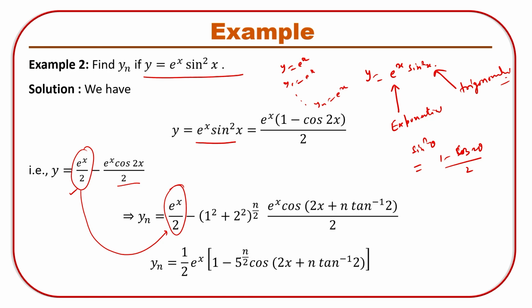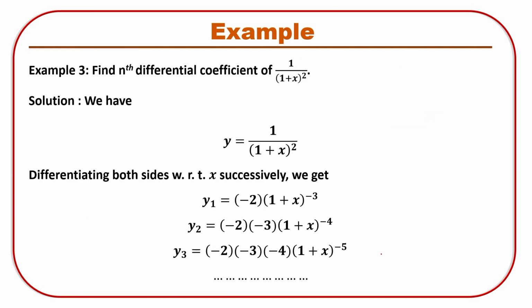Now, the second one, using the formula, e^x cos 2x/2. The e^x has the nth derivative as e^x, and for cos 2x it is 2x plus n tan inverse 2. So, this will come out to be half of e^x times (1 minus 5^(n/2) cos(2x + n tan⁻¹2)), and that will be your answer.